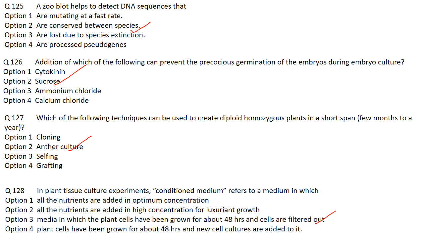So once the plant cells are grown for 48 hours, they will release certain nutrients into this particular media, and this media can be used for growing another set of cells. So the answer is option 3.